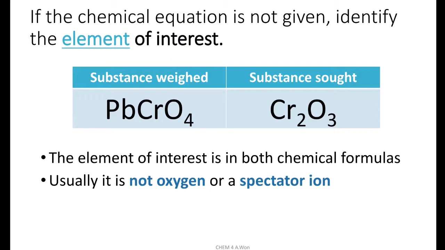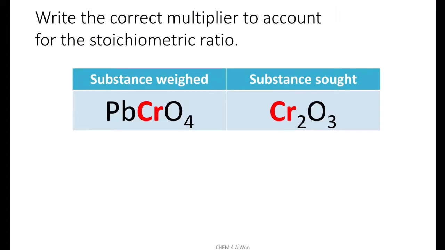So, lead is removed right away, because it is not found in the substance sought. If there are two similar elements, usually it is not oxygen or a spectator ion. So in this case, the element of interest is most likely chromium. Okay, we just highlight it there. Now we've identified the element of interest.